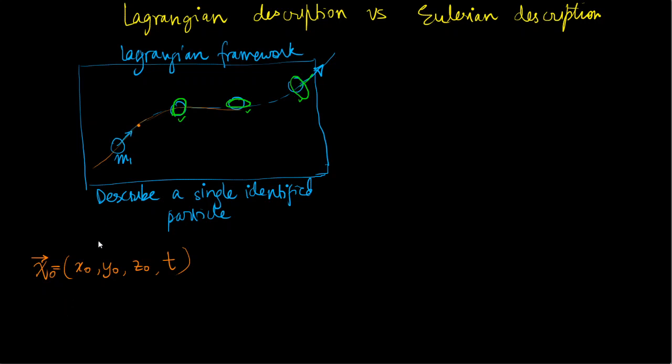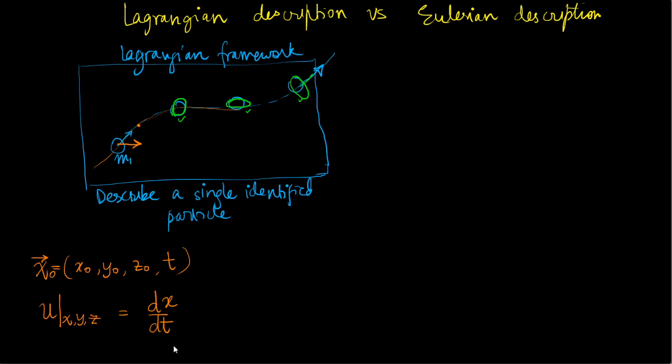Now, how would I describe the motion of the particle? The u velocity at a given point is equal to the rate of change of x at that given point.